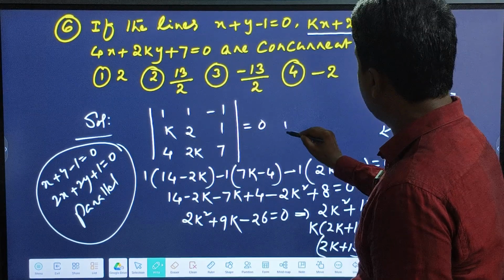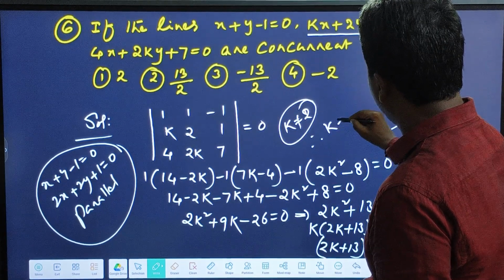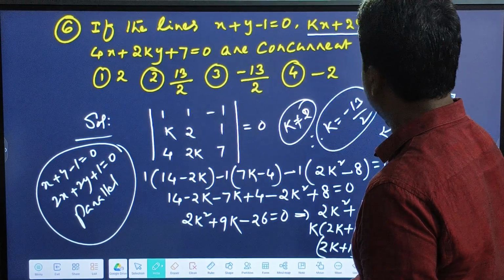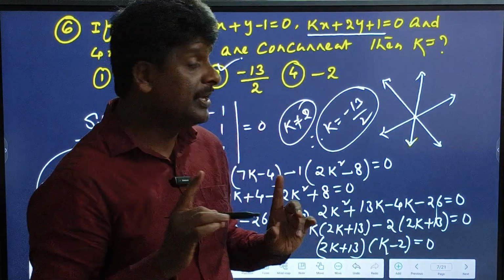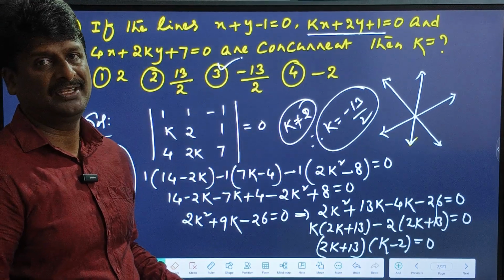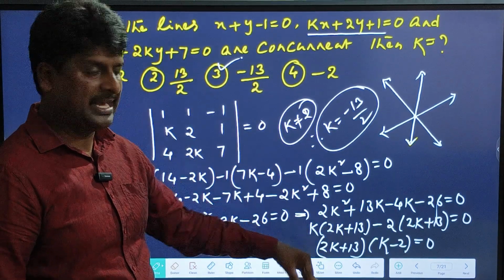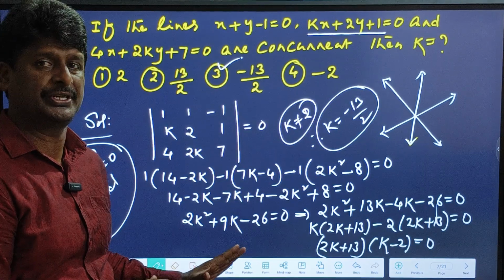That's why k is not equal to 2. Therefore, k equals minus 13 by 2 is the required answer. Do observe that even after getting the answer, we are unable to decide the option, since we get k equals 2 as well as k equals minus 13 by 2. That is the difficulty level involved in this question.